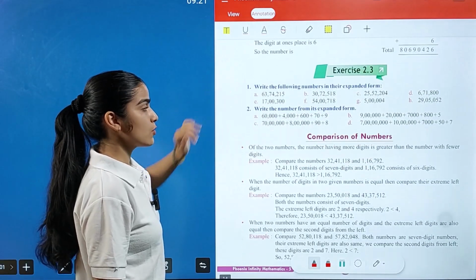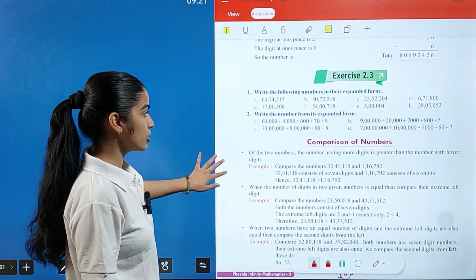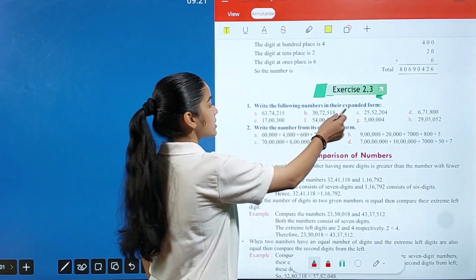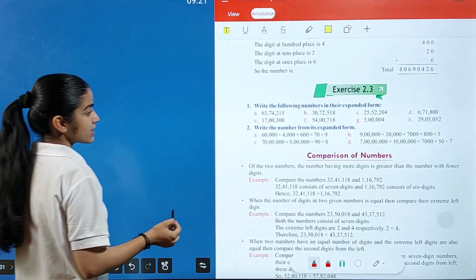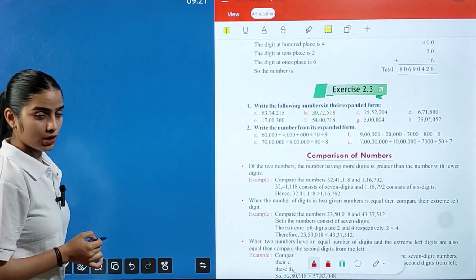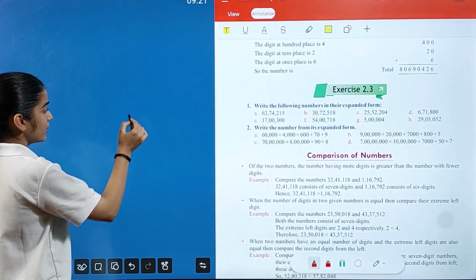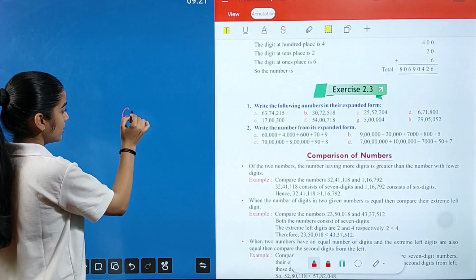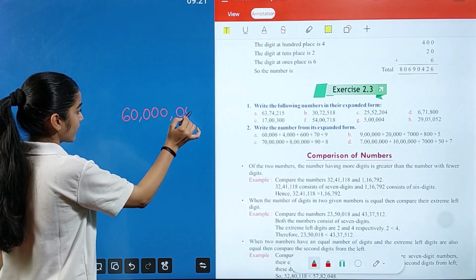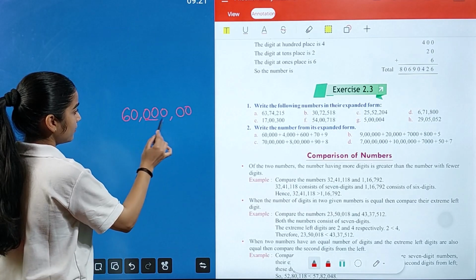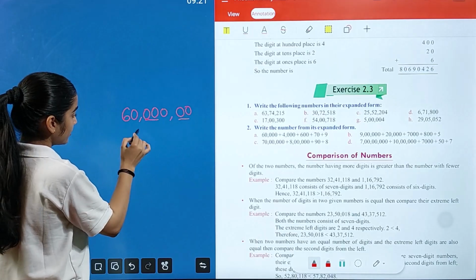Now we move forward to our new exercise, which is 2.3. Write the following numbers in their expanded form. So here we have 63 lakh 74,215. So first we write 60 lakh. After 60 lakh we have 3 lakh.